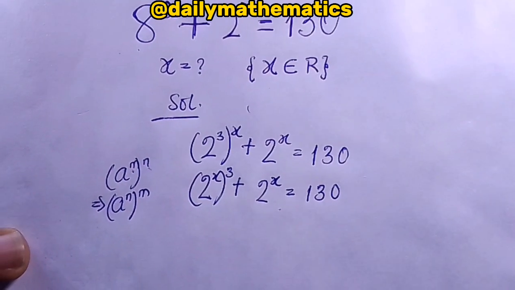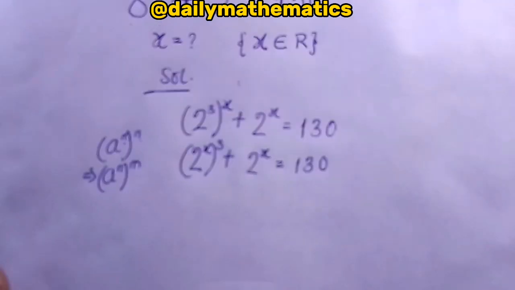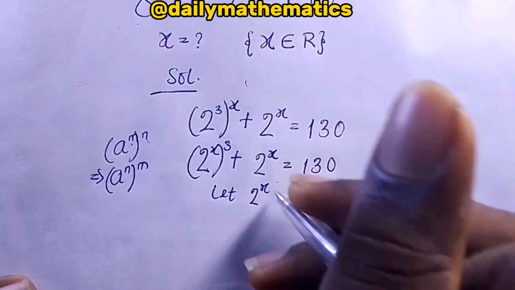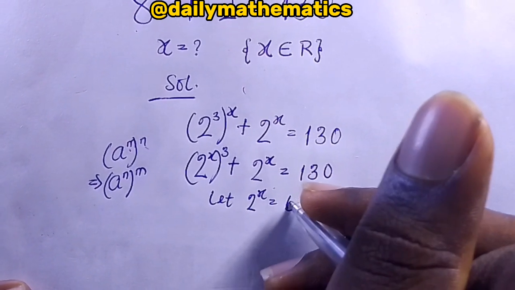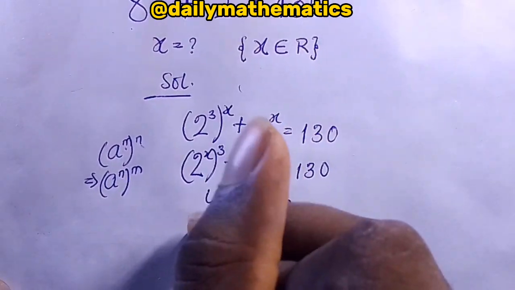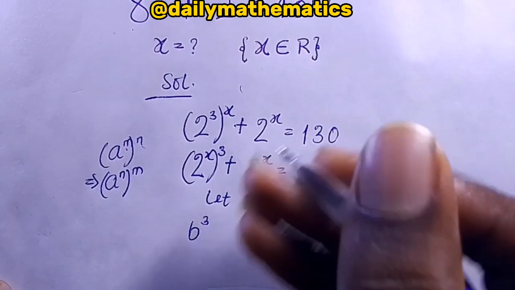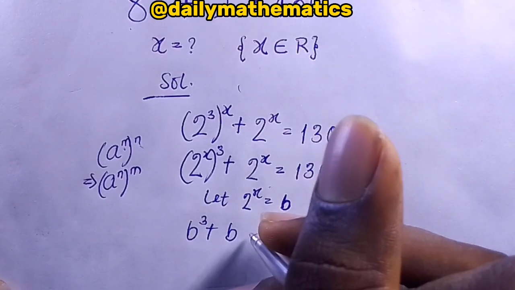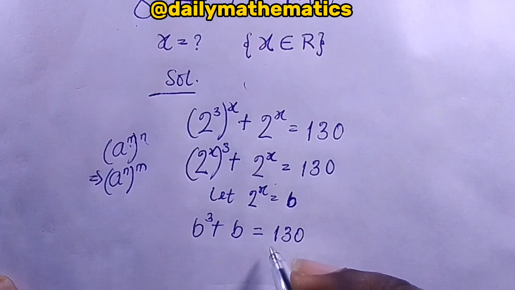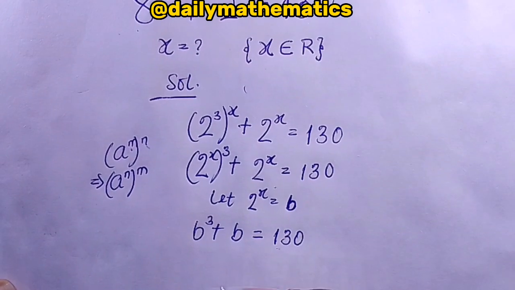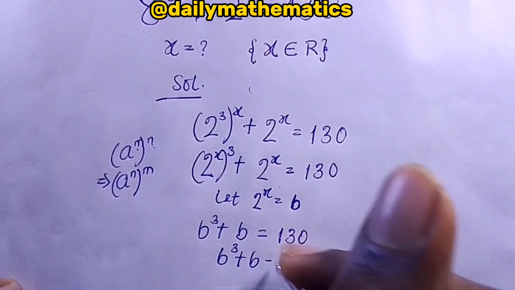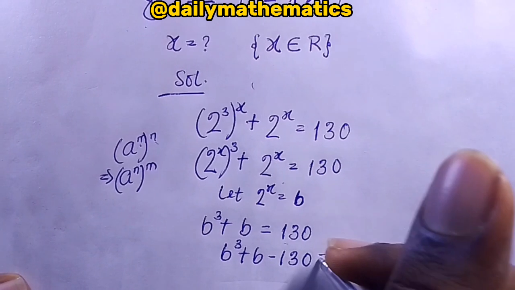Next, let 2 raised to the power of x equal b. So from here we have b cubed, that's b raised to the power of 3, plus b equals 130. We bring this 130 to the other side of the equation: b raised to the power of 3 plus b minus 130 equals 0.